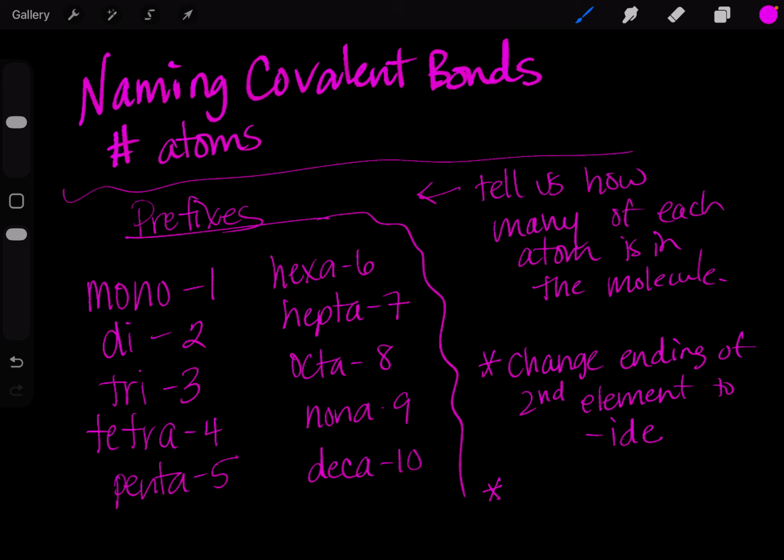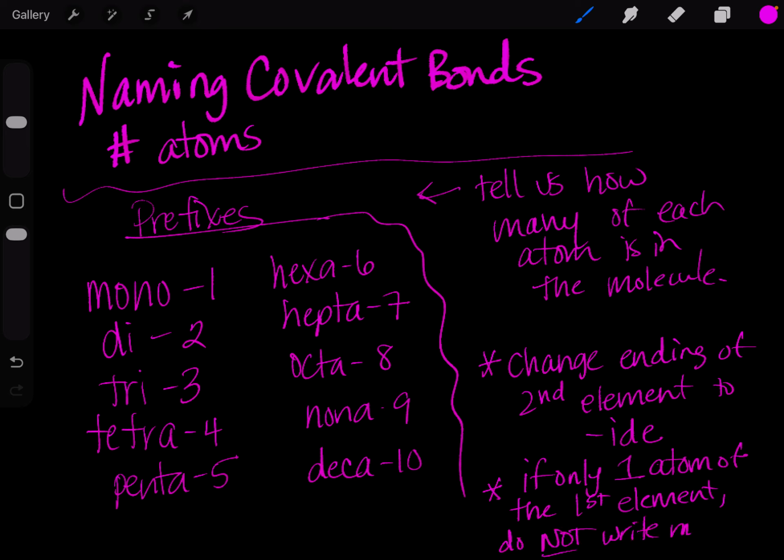So if there's only one atom of the first element, you do not write mono. That's only for the first element. If it is for the second, you still write it for the second one.